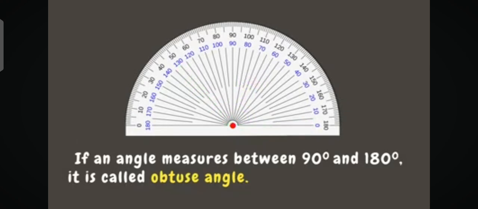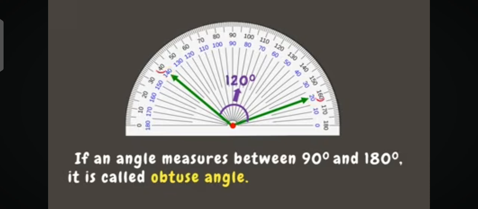Also, a 110-degree angle is an obtuse angle, since it's between 90 degrees and 180 degrees. Now we can see that this angle falls between 140 and 20. Again, all we need to do is to subtract. 140 minus 20 is 120 degrees. Therefore, it is an obtuse angle.